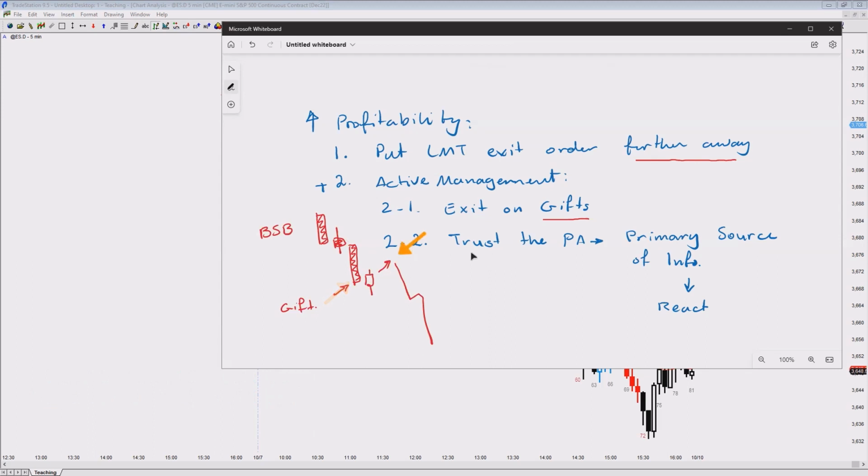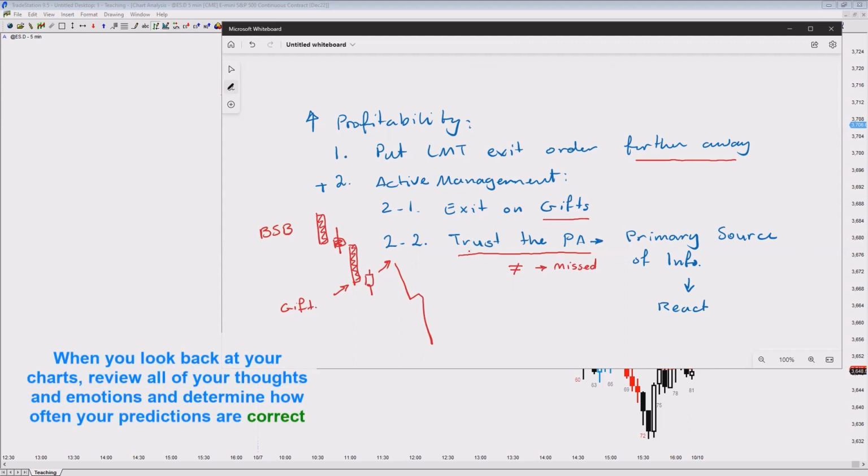And then finally, to form that algorithm is look back at all the times that you didn't trust the primary source of your information. So you didn't trust it, and then you missed or couldn't trade afterwards. I can't really give you very specifics in this regard because everybody has different emotions and they think differently. You are your own teacher.